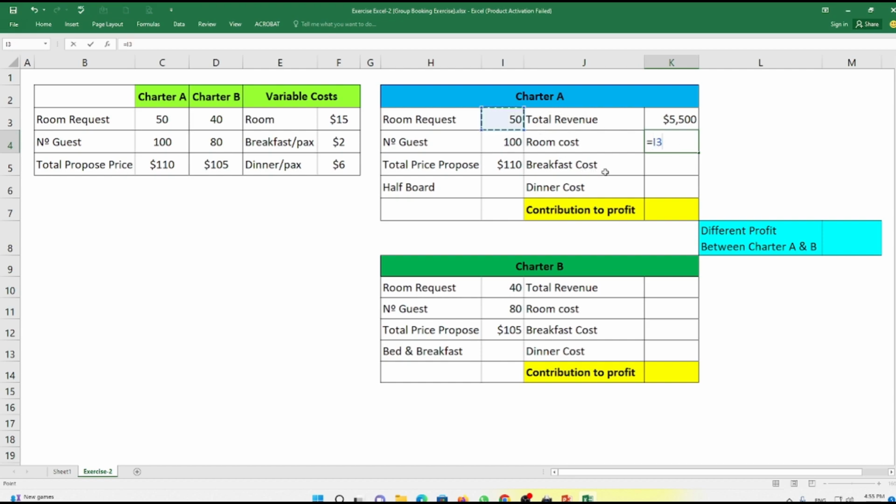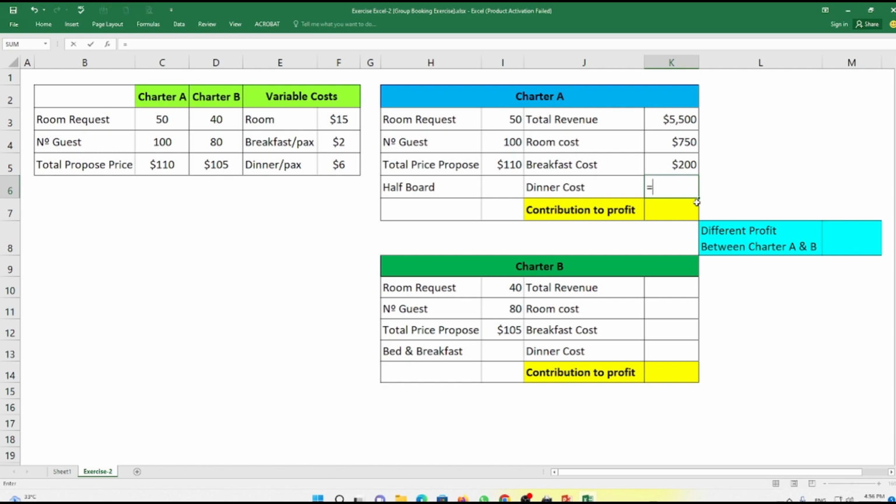Room cost. Total of 50 rooms multiplied by room cost of $15. So the room cost for charter A for 50 rooms is $750. Breakfast. Total of 100 guests and the cost of breakfast is $2, so total breakfast cost for 100 guests is $200.